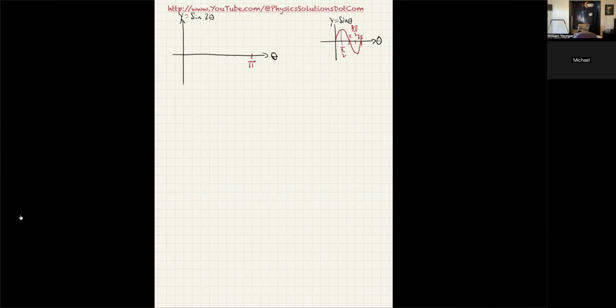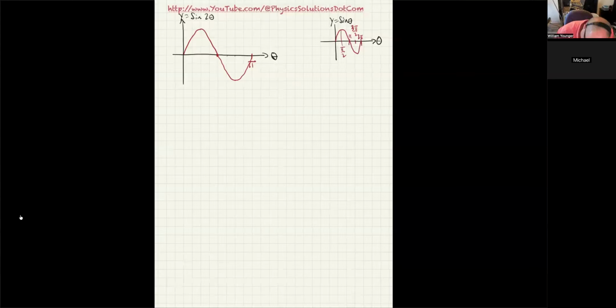So 1, 2, 3, 4 would be right about here. So in this case, we're going to say that's 3 up, that's 3 down. So my sine graph is going to look like this.